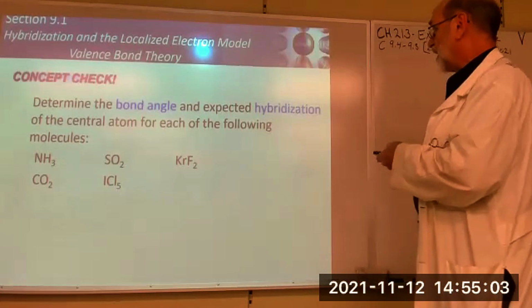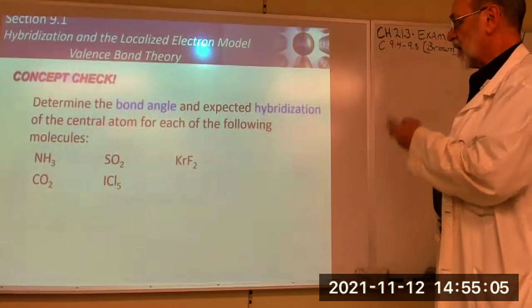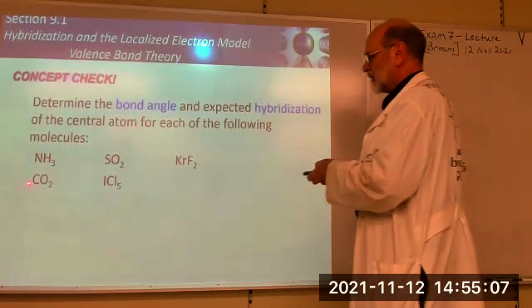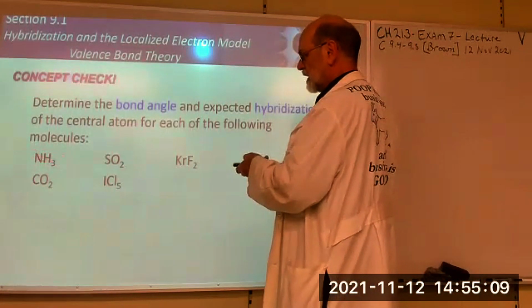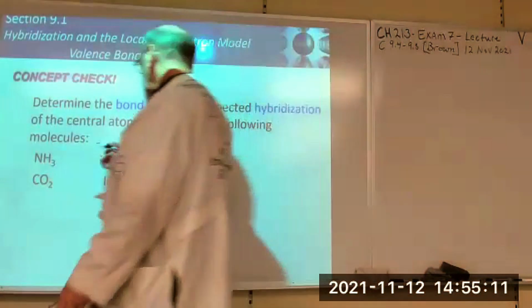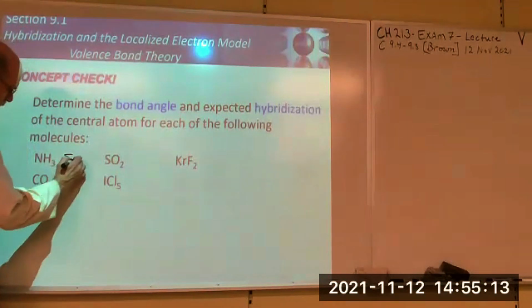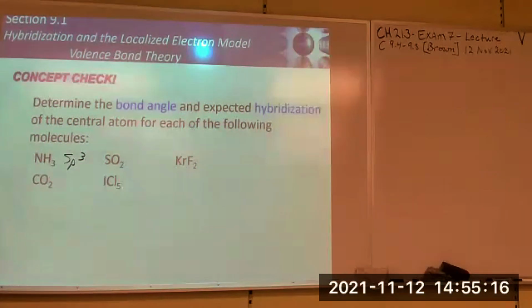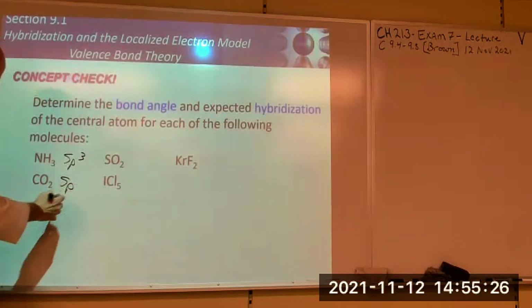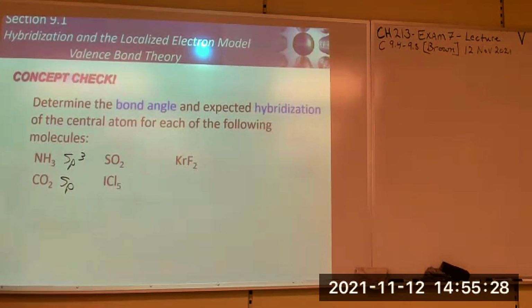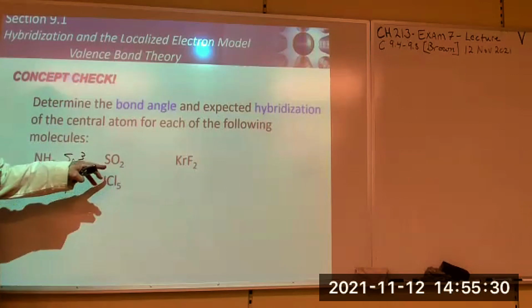Okay, bond angle and hybridization for these molecules. Well, we already did these, right? This one is tetrahedral, so it's going to be sp3 hybridized with 109.5 degree bond angle expected. This one is a linear structure, so it's sp hybridized with 180 degrees. SO2.